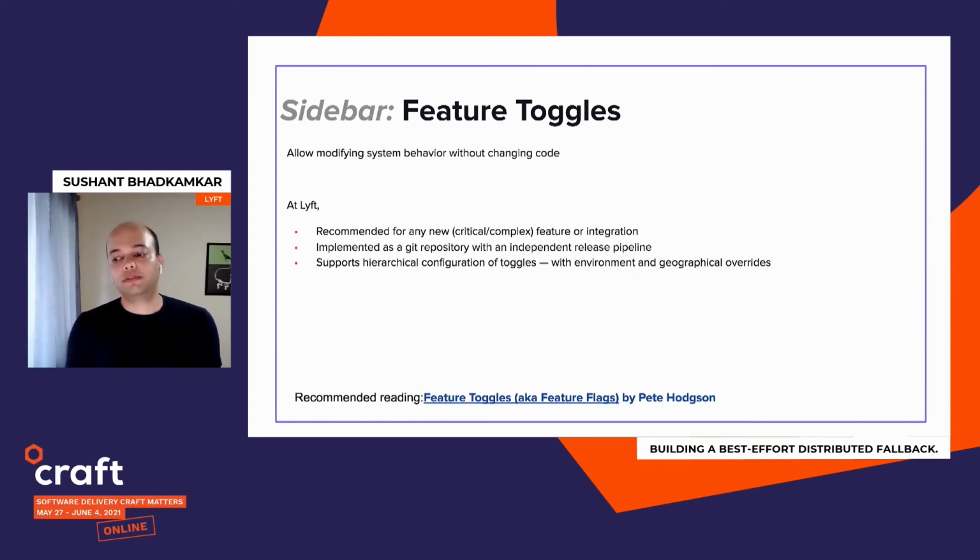So, based on the location of the user, the origin of the user, we can generate a geographical code. And if we have a feature toggle override for that particular geographical region or code, we get that particular value. If not, then we just return the default value for the toggle.